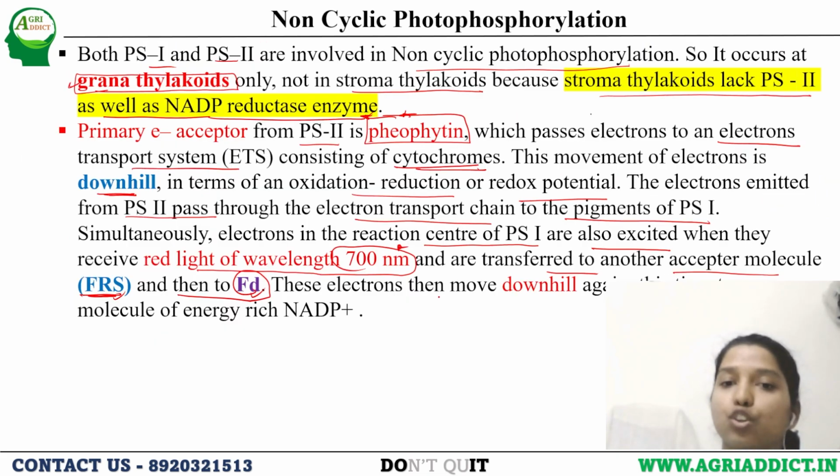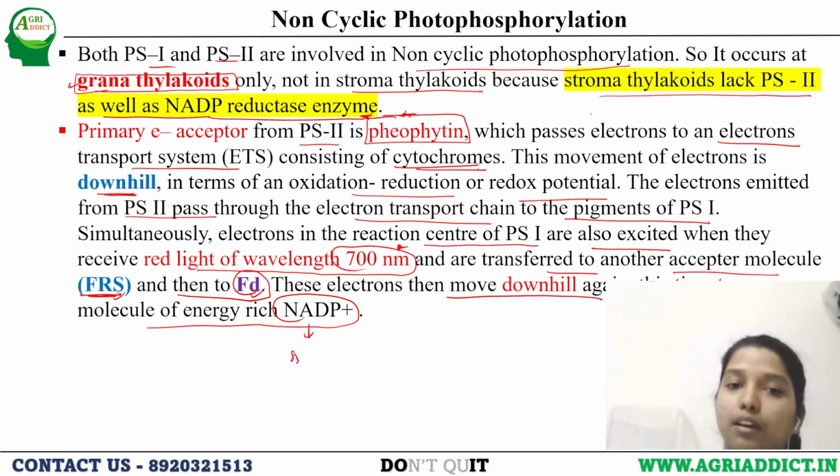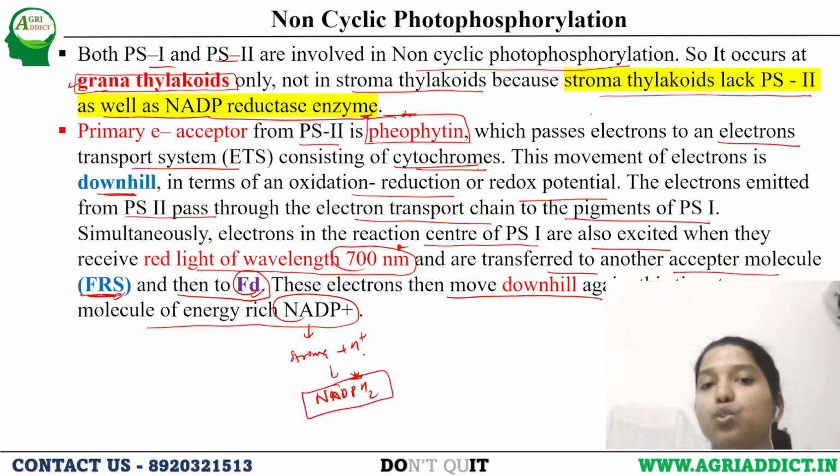Next, these electrons move downhill again, this time to a molecule of energy-rich NADP plus. This NADP plus is coming from the stroma. It combines with H plus and forms NADPH2, a chemical energy molecule which is produced in this non-cyclic photophosphorylation and light reaction.